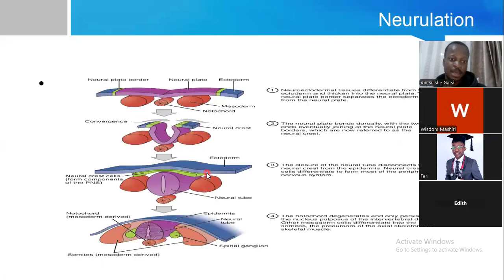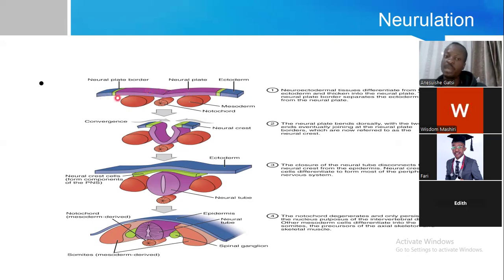So this is a diagram which is now showing what we were just describing. What you have on the surface here is ectoderm, and we can see 3 colors. There is the purple part, there is the green part, then there's the blue part. The purple part is your neural plate, where you remember we said you're going to have low levels of your BMP4.